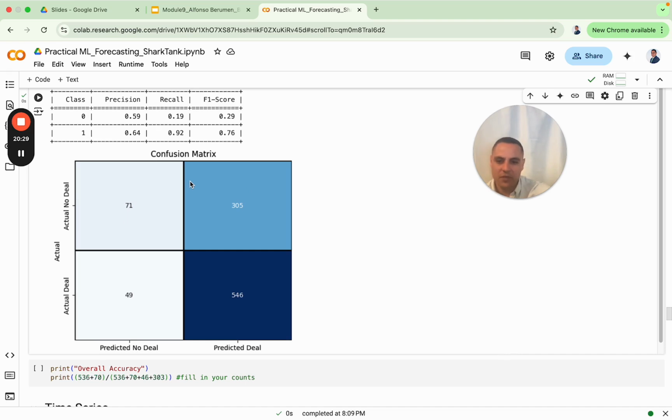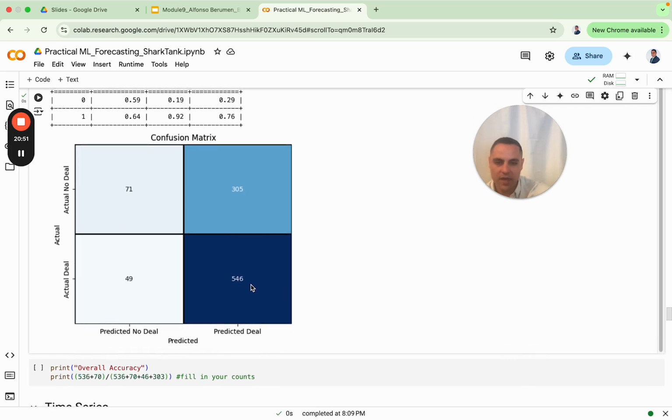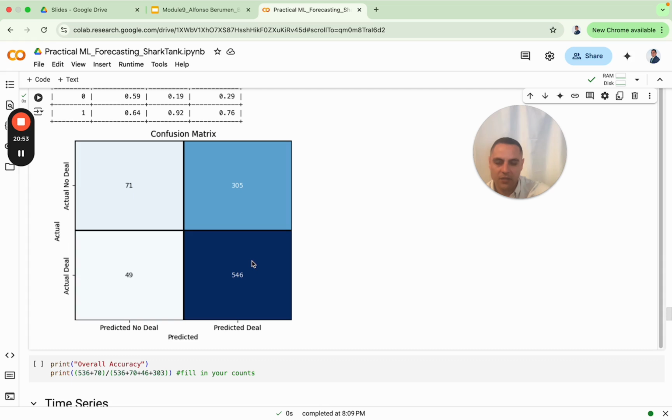So the confusion matrix basically helps us understand, of the actuals, how many were we right? So you see the actual no deal, predicted no deal, actual deal, predicted deal. So you can kind of see that match, or evaluation of the accuracy based on predicted class.